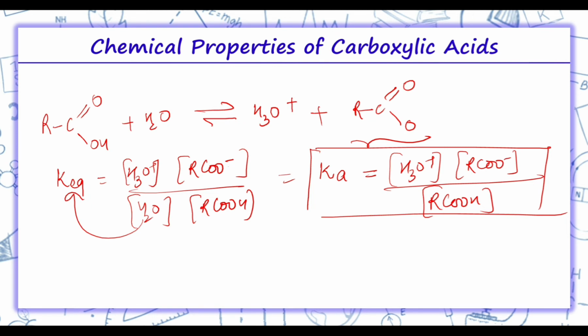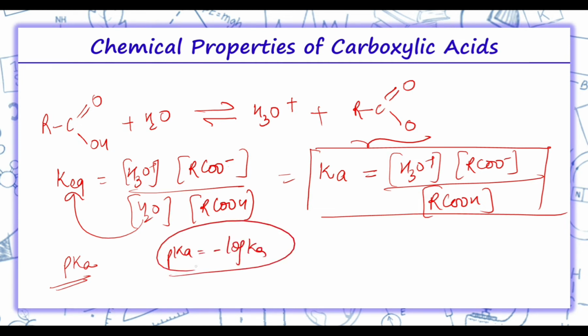Now, for convenience, the strength of an acid is generally indicated by its pKa value, and we know pKa is equal to minus log of Ka.